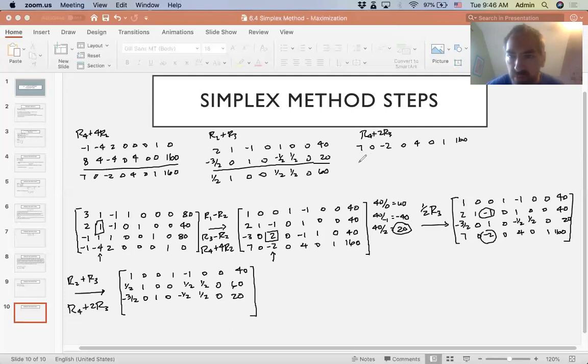So negative 3/2 times 2 is negative 3. 2 there. 0, negative 1, 1, 0, and 40. So we get 4, 0, 0, 0, 3, 1, 1, and 200.